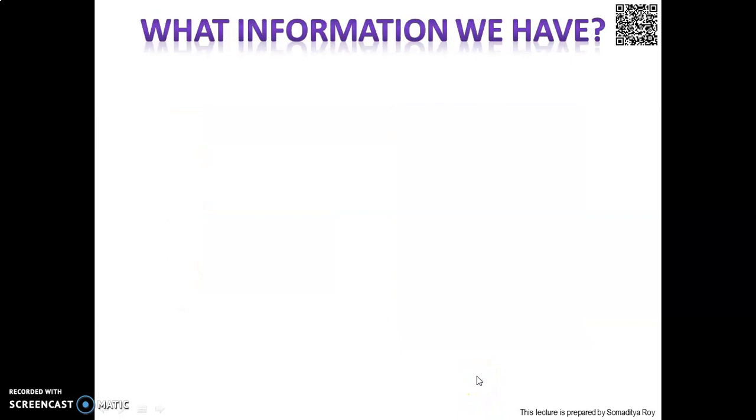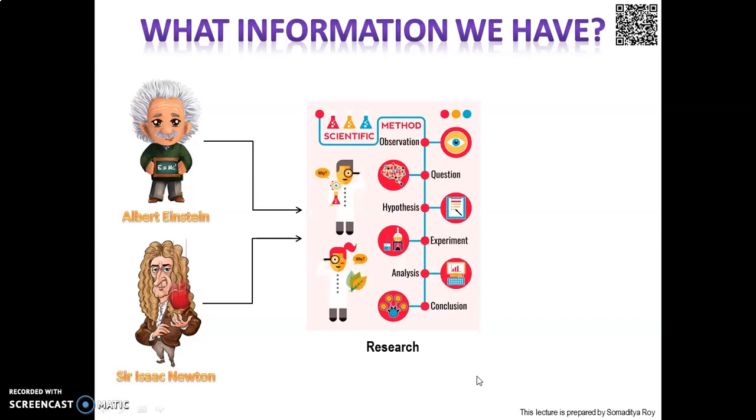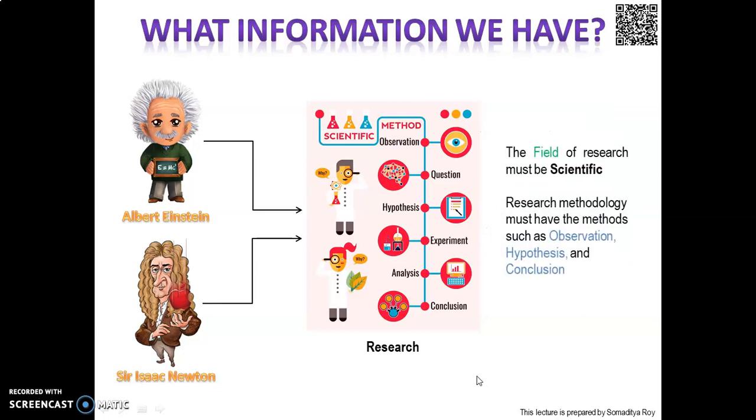Now, let's get back to the previous. What can be the other similarities between Einstein and Newton? Well, they both did some excellent research in the field of science. So, they have the knowledge of the research methodology and how it looks.